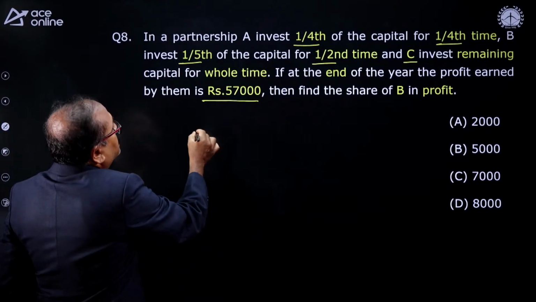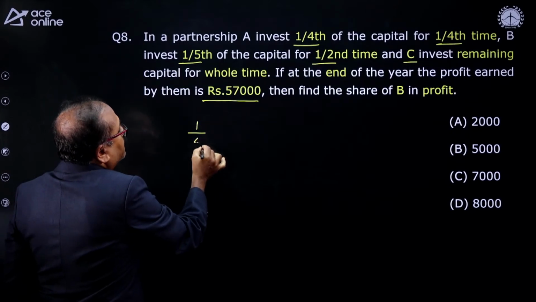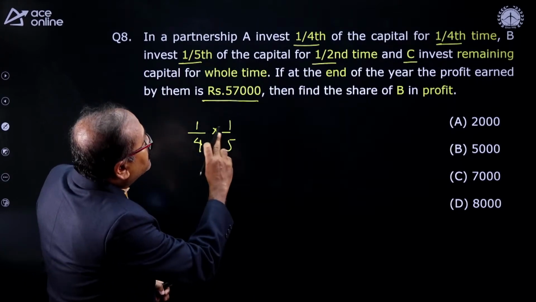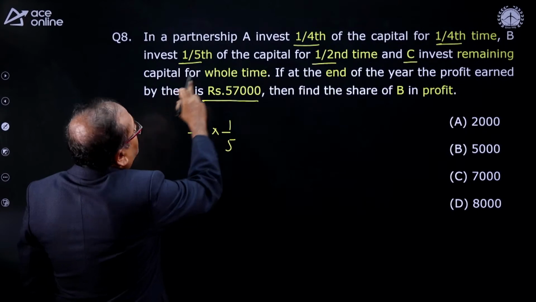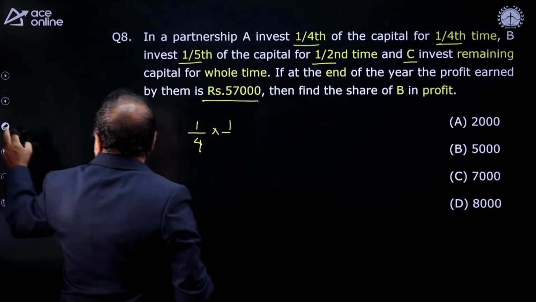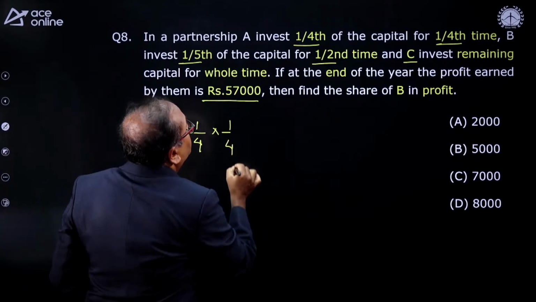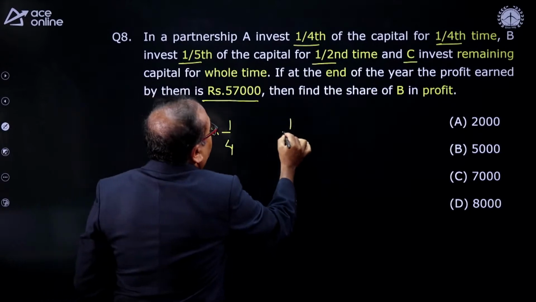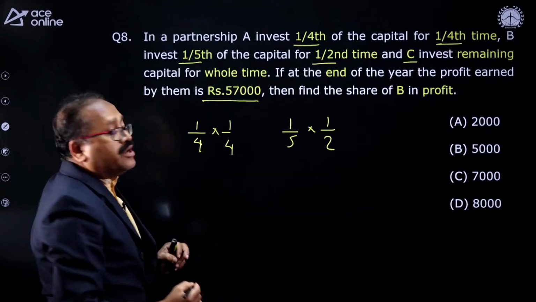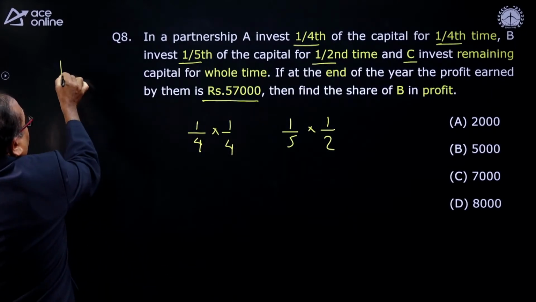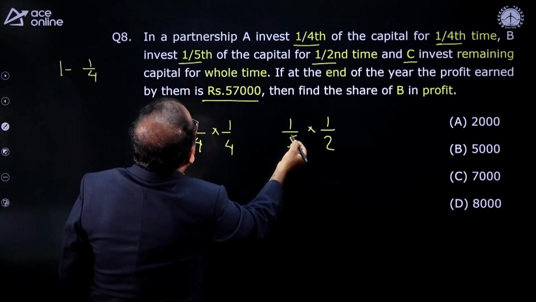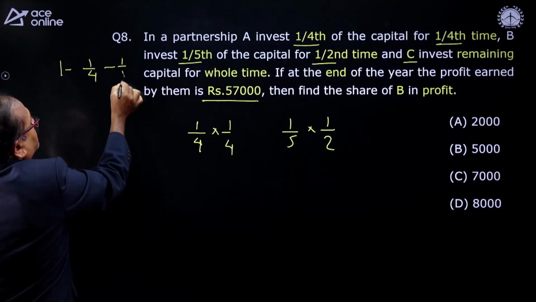Now I will take this question in this way, that A invests 1/4 of the capital for 1/5 of the time, and B invests 1/4 of the capital for 1/4 of the time. How about B? B invests 1/5 of the capital for half of the time, and then the remaining capital. What is the remaining capital? If the total is 1, take out 1/4 and take out 1/5, you get the remaining.